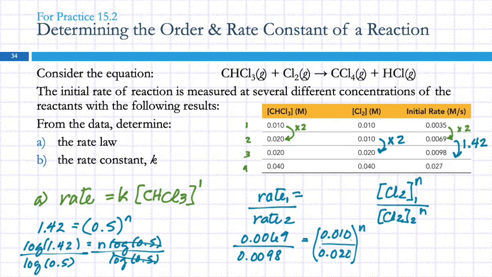So log of 1.42 divided by log of 0.5, yeah, it comes out to be 0.50589, blah, blah, blah. Reaction orders are always simple numbers. You got negative? Oh, I did too.